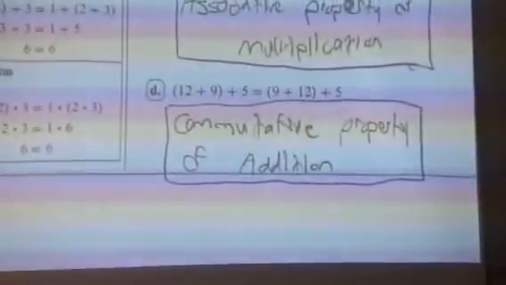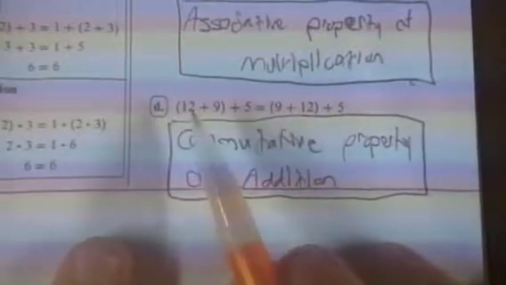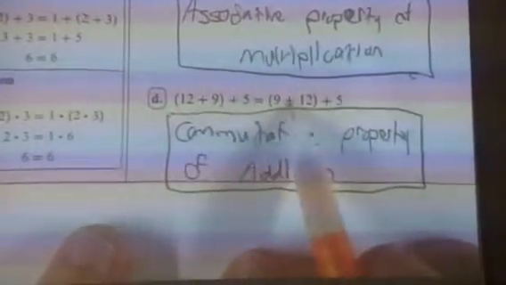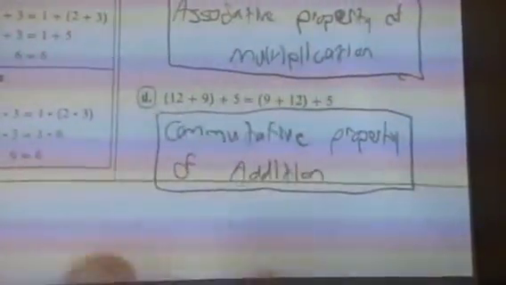Just because you see parentheses, you might be quick to say, oh, I see a parenthesis, so that must be associative property, but not necessarily. You have to pay attention to what changed. What changed here was not what numbers are grouped together. What changed here between this and this was the order of the 12 and the 9.